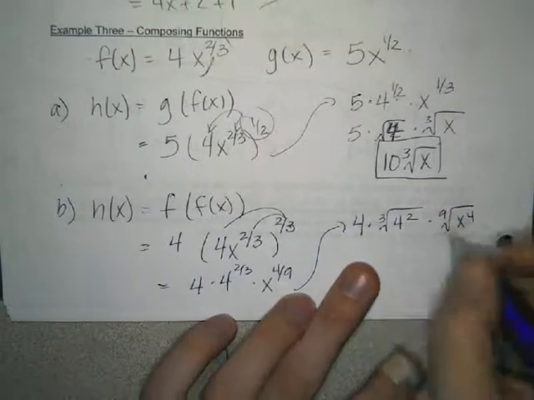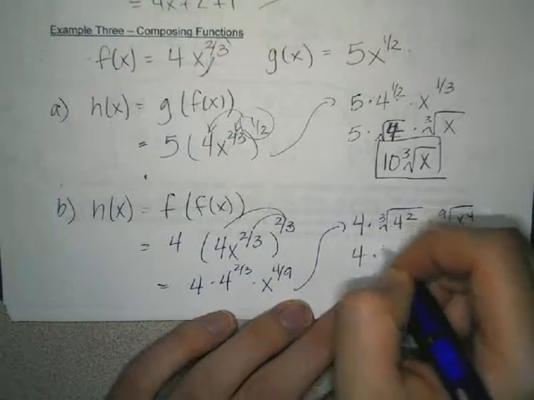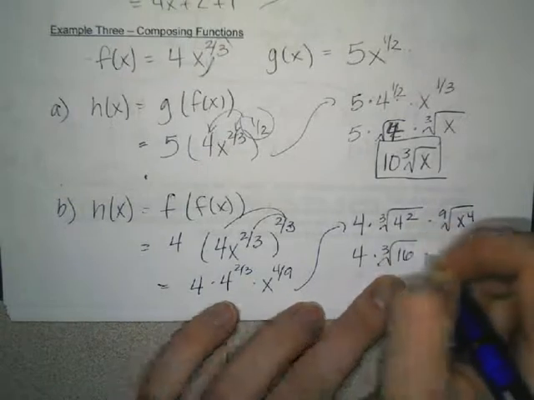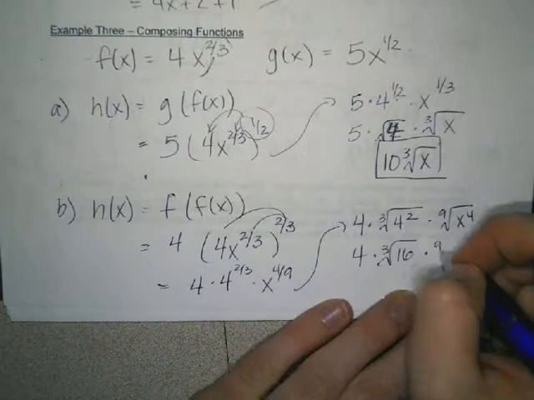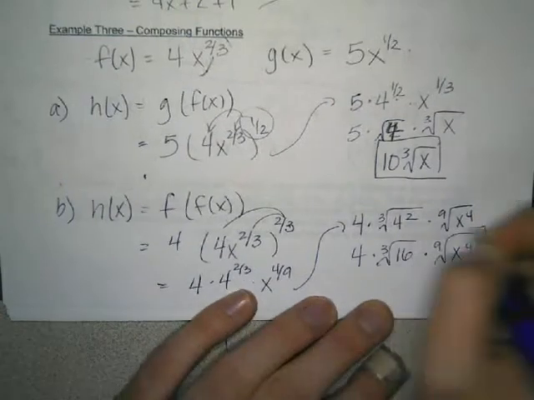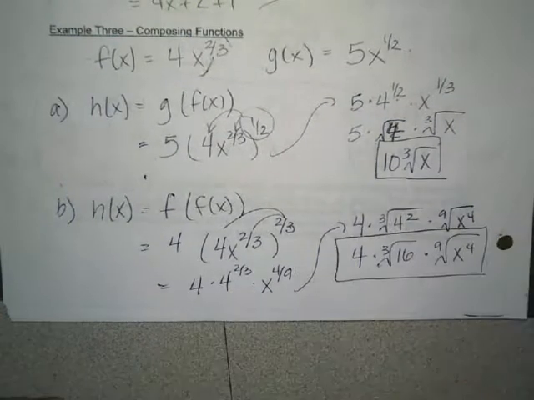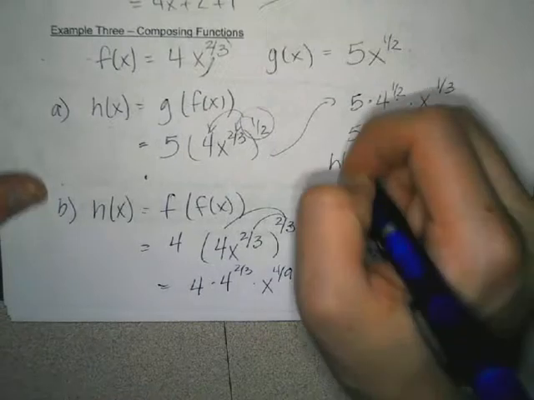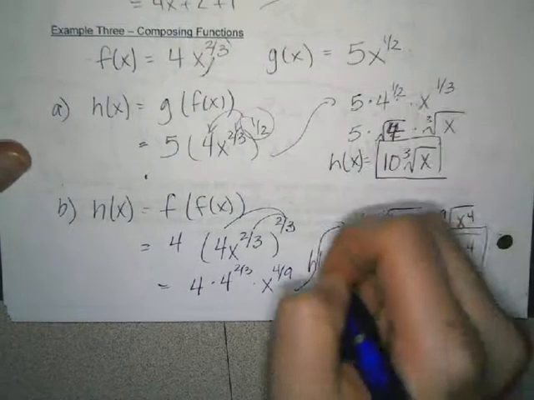So we have 4 times the cube root of 16. 16 doesn't have a cube root, so we have to leave it as is, times the 9th root of x to the 4th. I know it looks ugly, but that's as simplified as you're going to get. And let's label those both h of x.